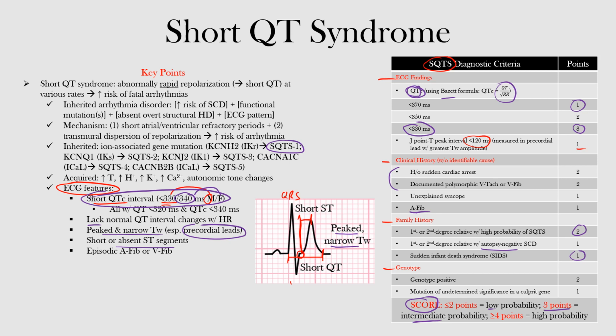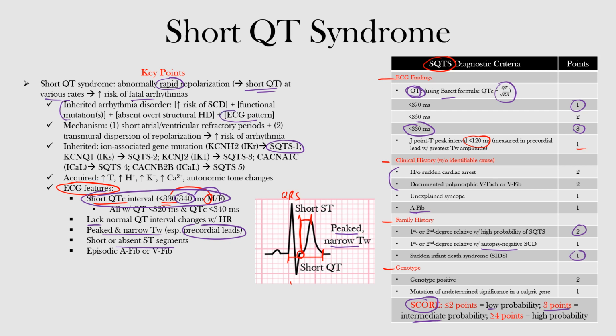So again, short QT syndrome is when you have abnormally rapid repolarization. That gives you that short QT interval. And remember, you're having this repolarization occurring at various rates, and all this combined leads to an increased risk of these fatal arrhythmias, okay? We mentioned the things that inherited arrhythmia disorders have in common, okay?